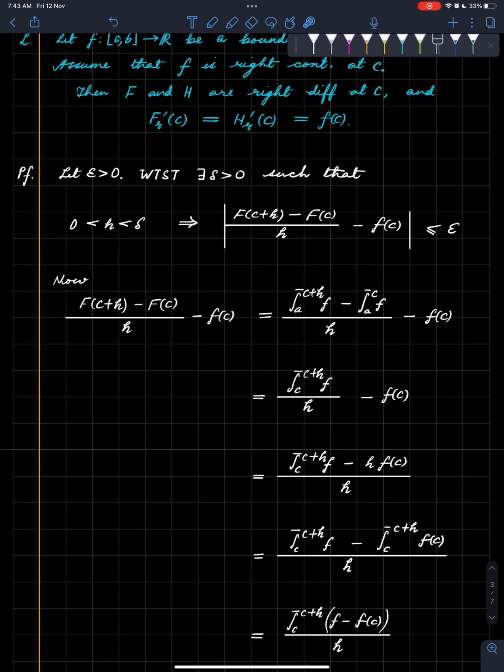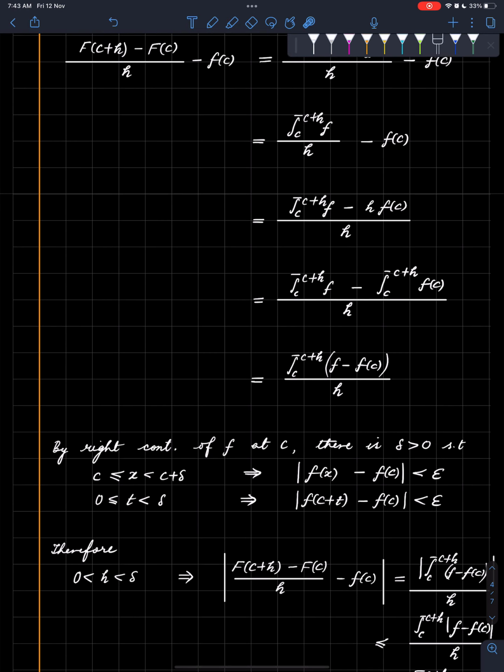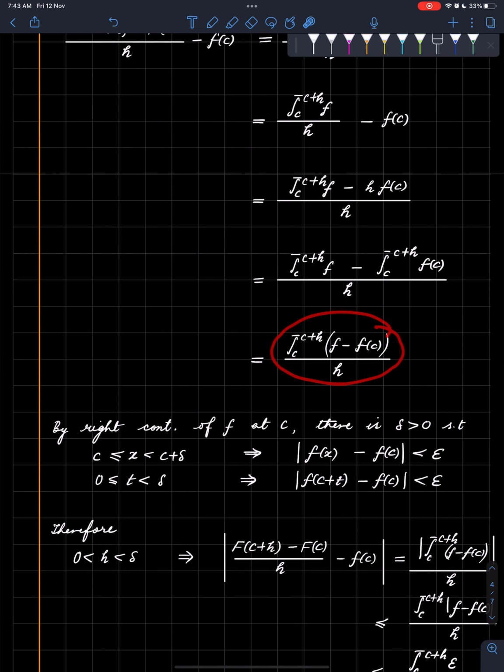Once you fix an epsilon, you want to find a delta such that whenever you hover from c in the right delta neighborhood, this ratio is at most epsilon. This is the definition of right differentiability, and saying that the right derivative is equal to that. So this is what we wanted to show, and then we looked at this quantity. We found out that that quantity is equal to that.